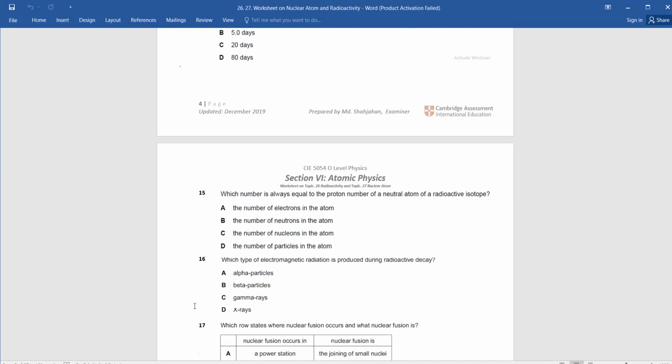You have any confusion, that you are not convinced with this answer? It is gamma rays. Why is it not alpha? Why is it not beta? Look, alpha and beta are particles.